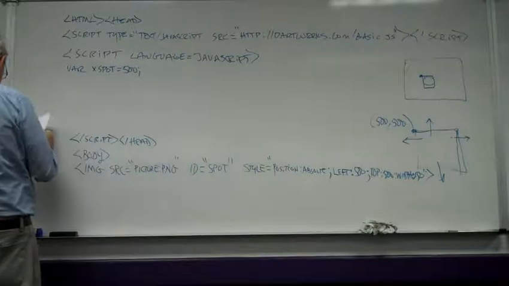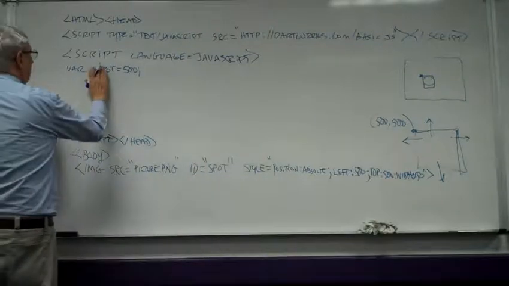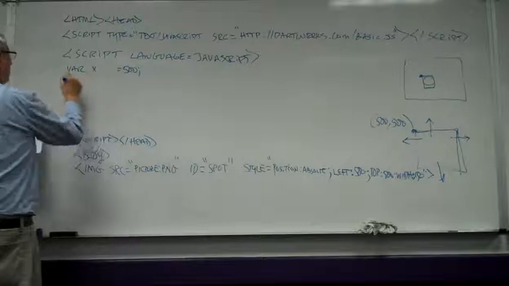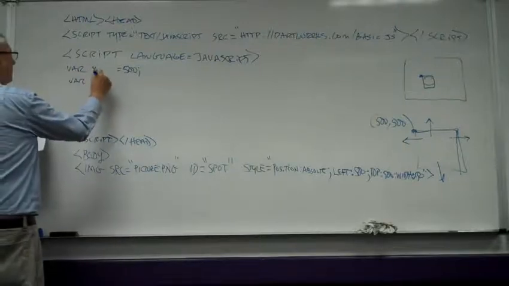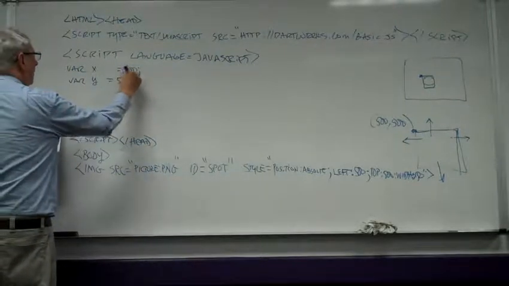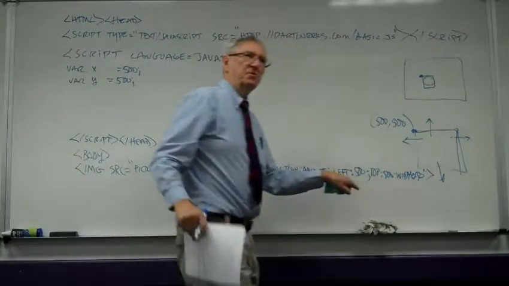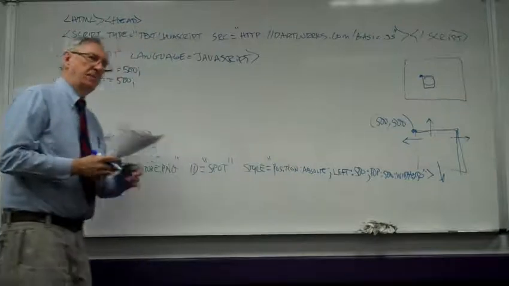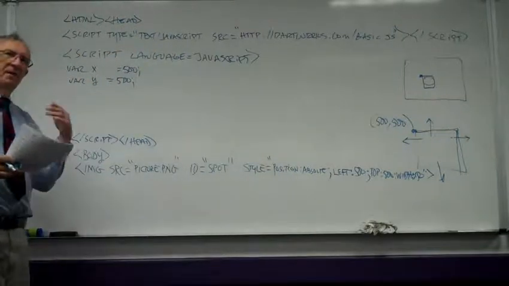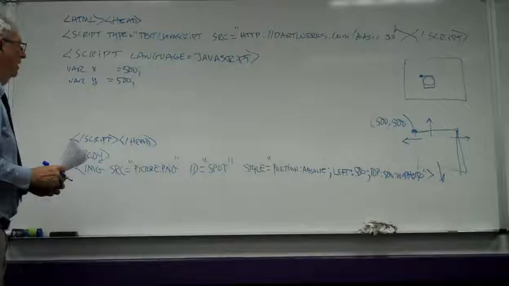I think I just called it x. Okay, I called it x. X equals 500, and variable y equals 500. Those are exactly the same numbers as these two numbers here. I did that on purpose. Okay, and I'll show you as we write the program what complications come up, so you'll see why you have to do that.